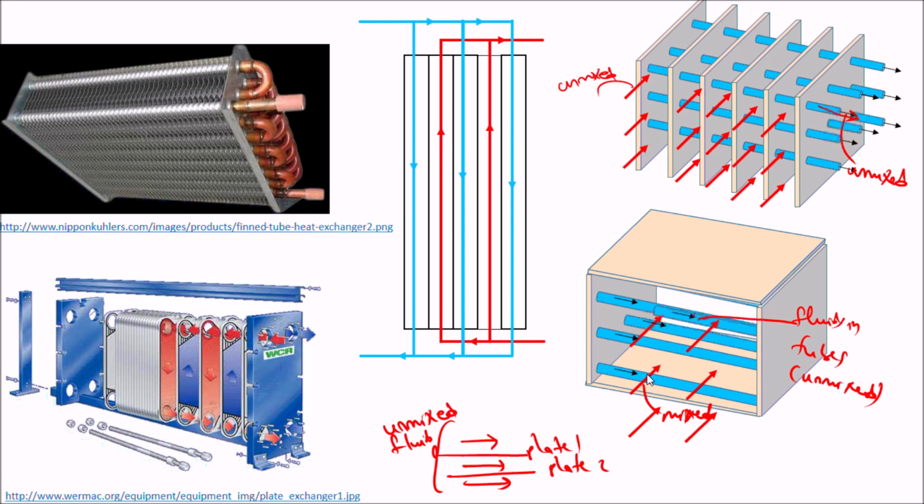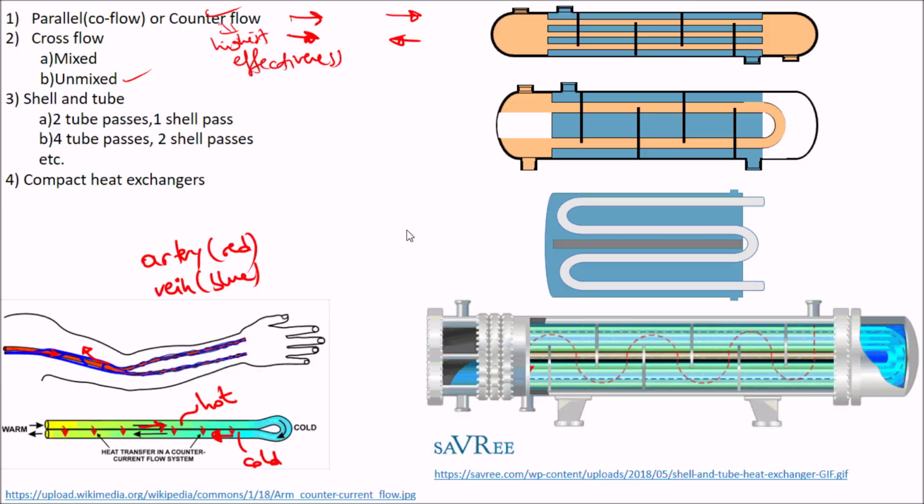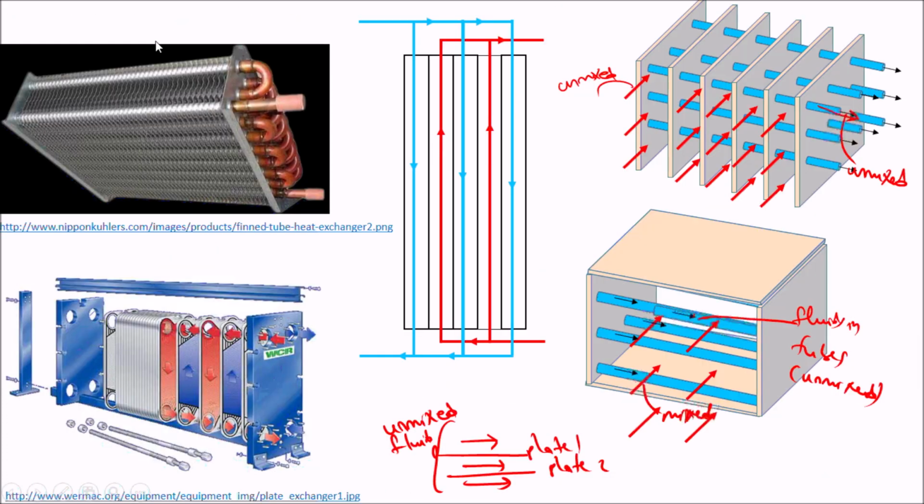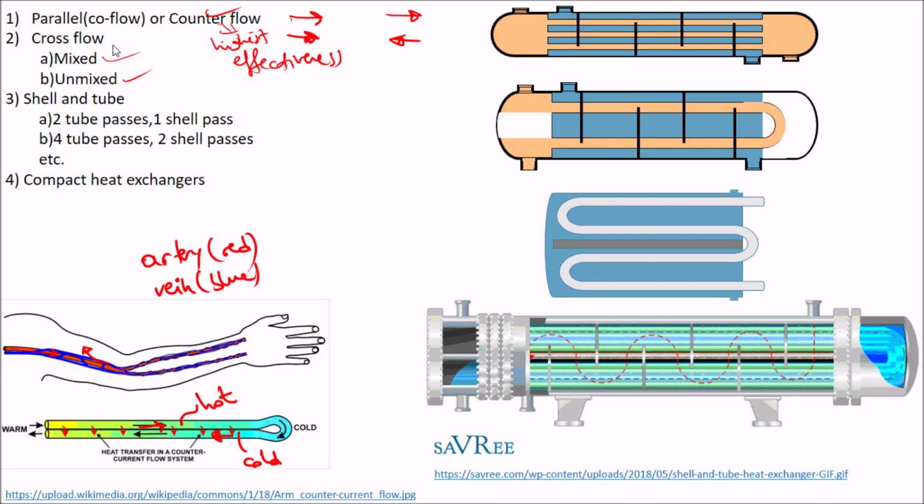Therefore this one is called mixed, and the other one is called unmixed. So we have one fluid mixed and the other fluid unmixed, which is case A. This is called the cross-flow heat exchanger. Cross-flow heat exchanger has effectiveness just less than the counterflow heat exchanger. So maximum effectiveness is counterflow and then cross-flow.